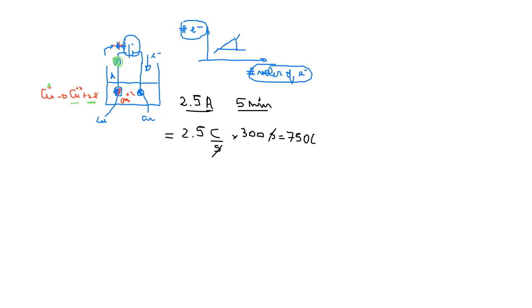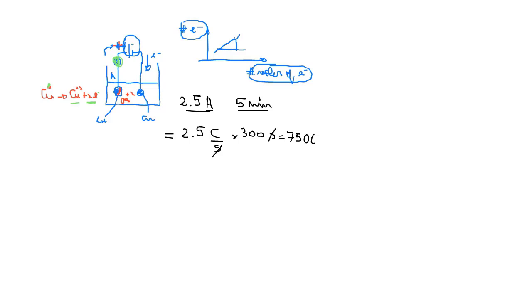This is just an example. So the electrical charge is 750. By measuring the time and the current, we can calculate the electrical charge. But we are not interested in the electrical charge. We are interested in the number of electrons.